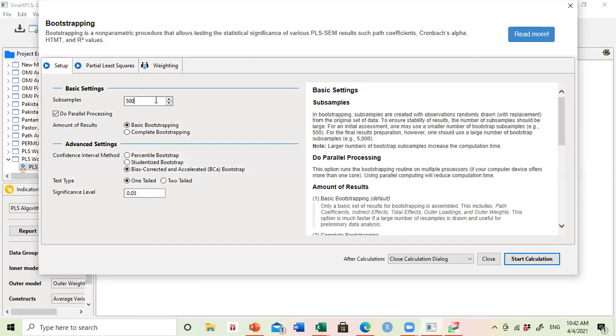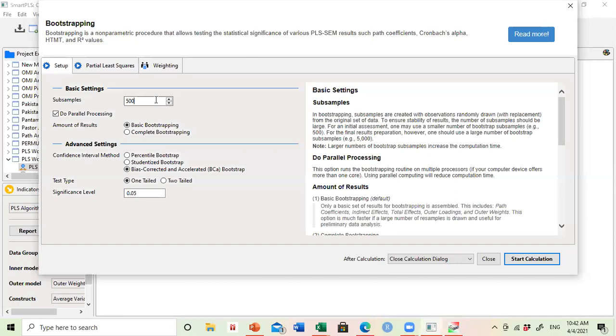But let me add that there are three constructs that you should have, and you should know when to use one tail or when to use two tail. If you have IV to DV, it should be one tail or two tail, sorry.